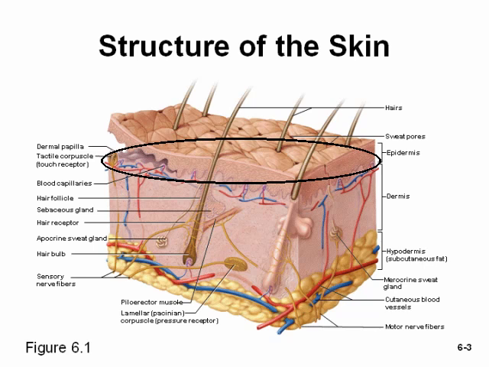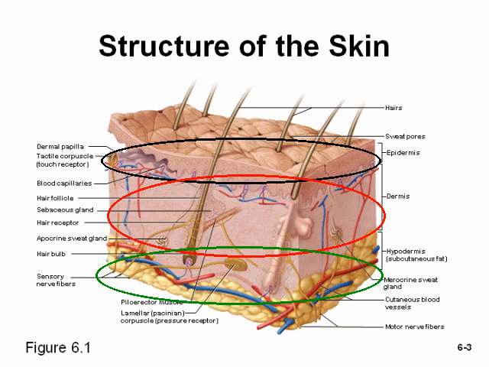And then, again, moving downward, we have a rather large area here referred to as the dermis. And finally, we have this lower area right down in here. That would be considered the hypodermis.